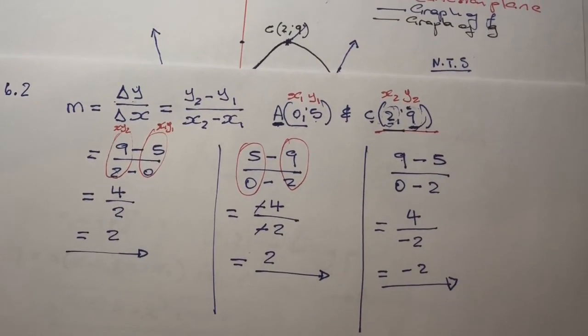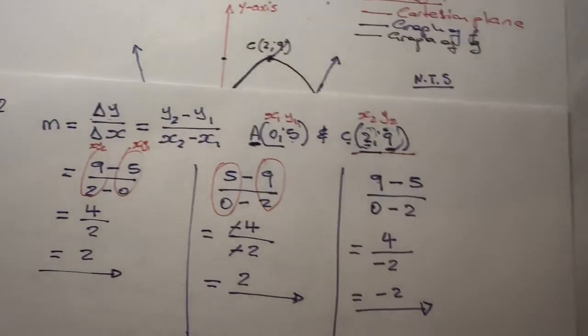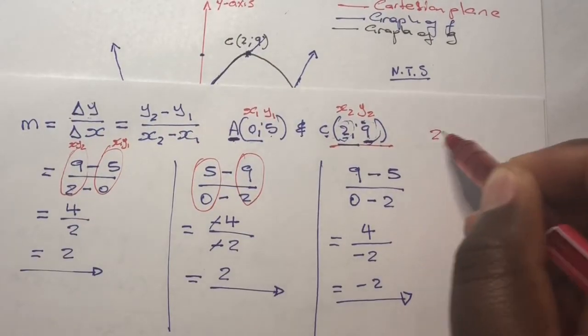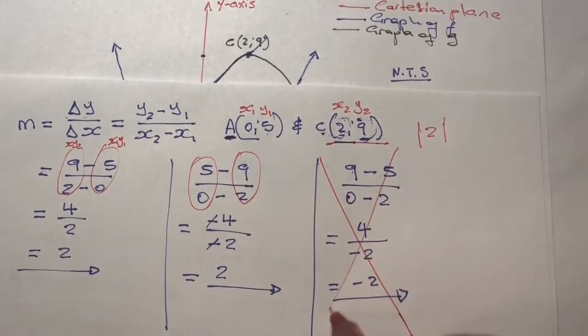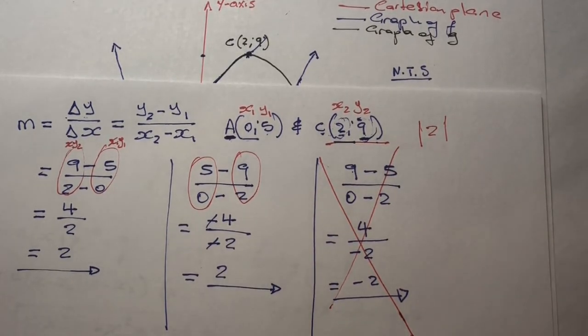So the most important part is the marking. Remember, this question is allocated 2 marks. So I'll just quickly show you how you mark this type of question. Let me just cross that one so that you don't forget that it's not acceptable to do it that way.